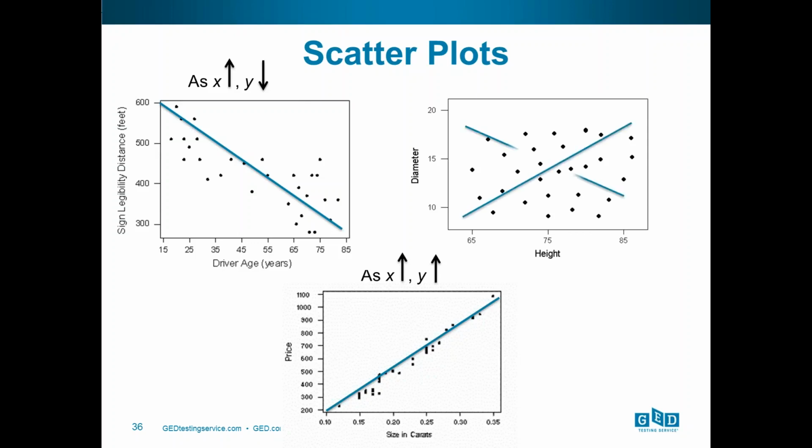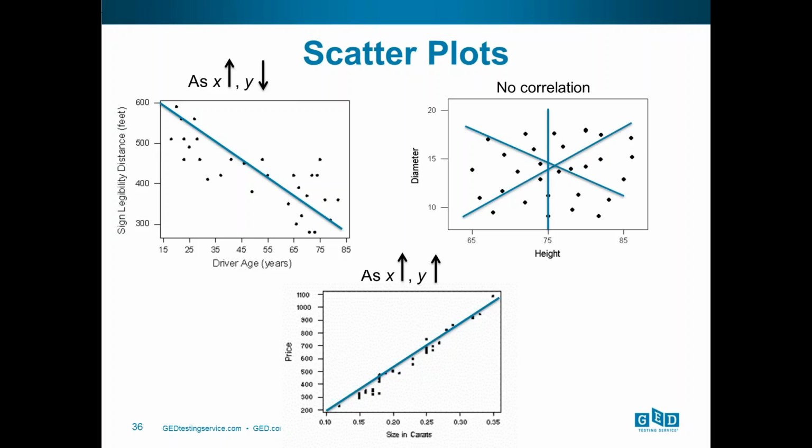But okay, look at this one. I can draw here, and I can draw here, and I can probably draw 1,000,001 other places because I can't figure where to put that line. Well, that's because there's no correlation between height and diameter. Someone at one point said it's kind of like having the measles.